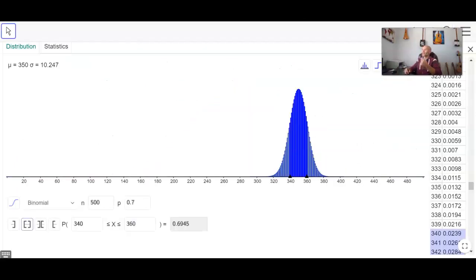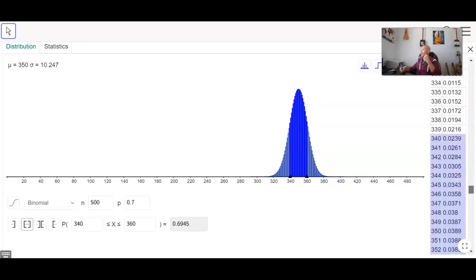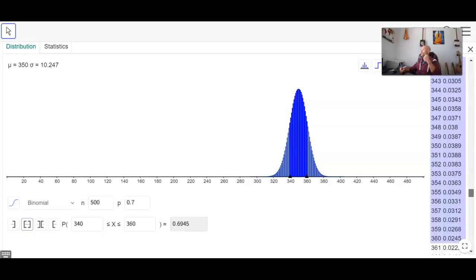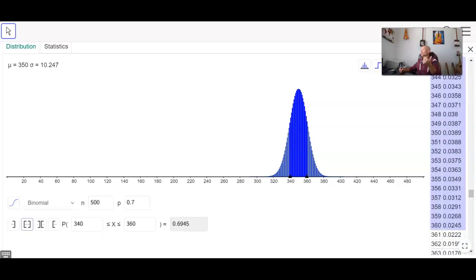So from 0 all the way up to 500, there are 501 bars. And from 340 to 360, that's going to require 21 bars, one for 340, and then counting up to 360 gives you 20 more. That's going to require 21 computations.